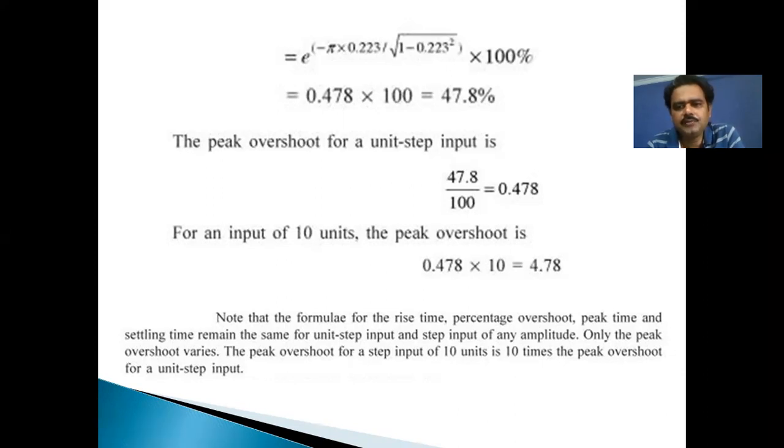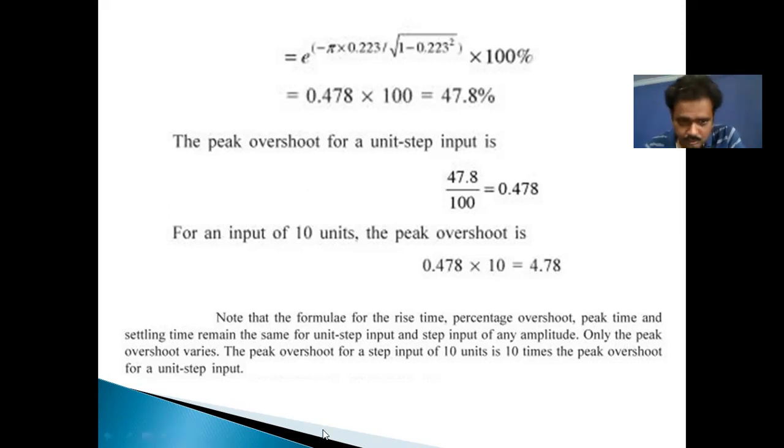The peak overshoot value is going to be 0.478 for a unit step input. Because this is a 10 units input, the peak overshoot becomes, if I multiply by 10, 4.78.